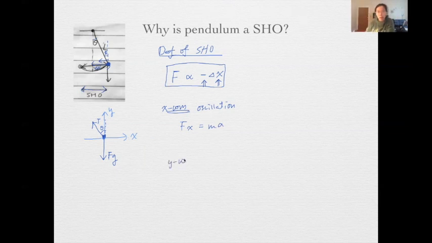In the y component, if the angles are small enough, then the ball is almost not moving in the y direction. So in the y component, it's not moving, so Fy is ma, which is 0.